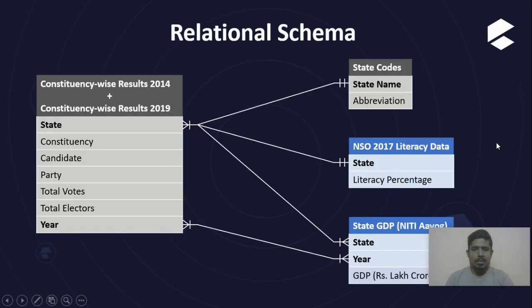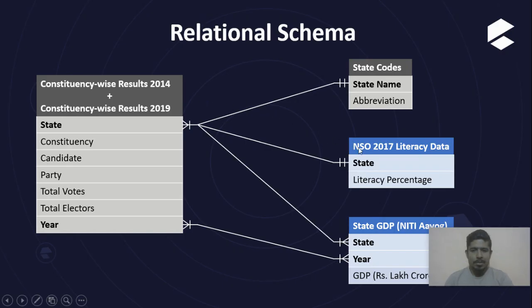So this is the relational schema I made in Tableau. First of all, constituency-wise results 2014 and 2019 are stacked together to form a single unified table. Then this unified table is connected to state codes table using the common column state using many to one relationship.